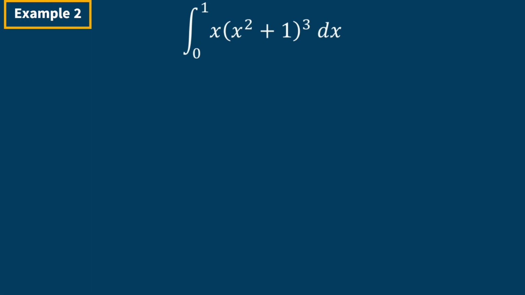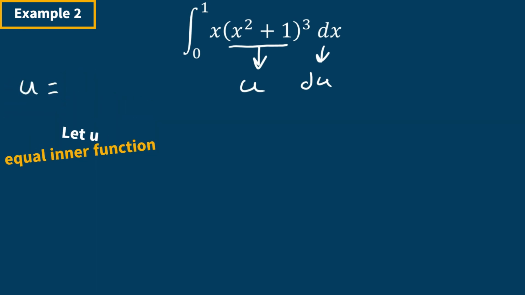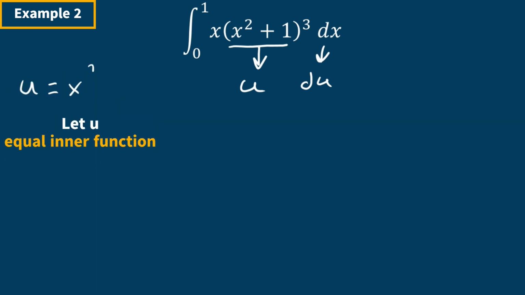Example number 2. We're given a definite integral this time. Whenever you have a composite function, usually what you want to do is let the inside function here be our u value. And then this dx, we want to turn that into a du, so the variables match. So we know that u is equal to x squared plus 1.